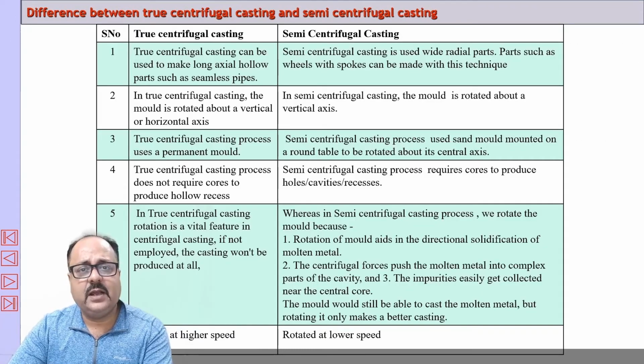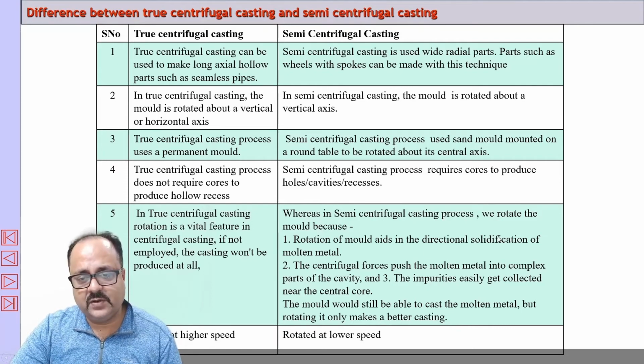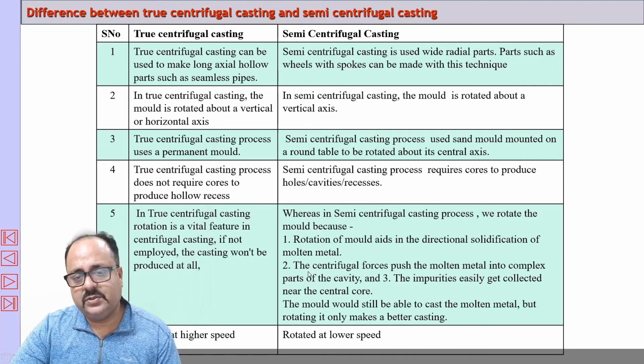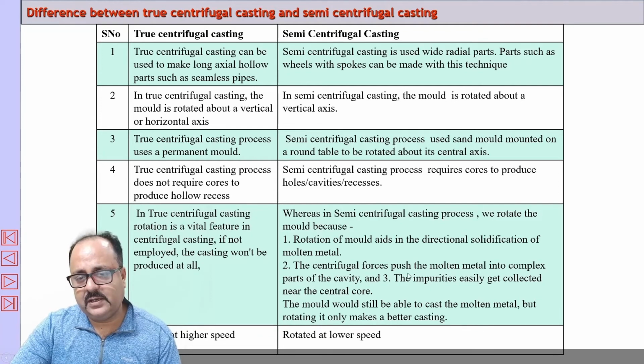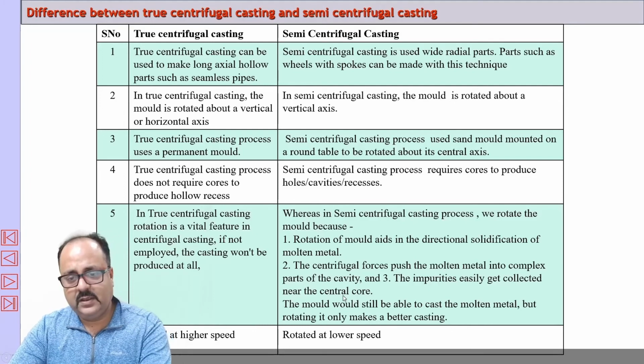And then there is a difference between true and semi-centrifugal casting. You can go through it, it is very often asked in the exam. In true centrifugal casting, the rotation of the mold aids in directional solidification. In semi-centrifugal casting, the centrifugal force pushes the molten metal into complex parts of the cavity. The impurities get solidified near the central core and can be removed.